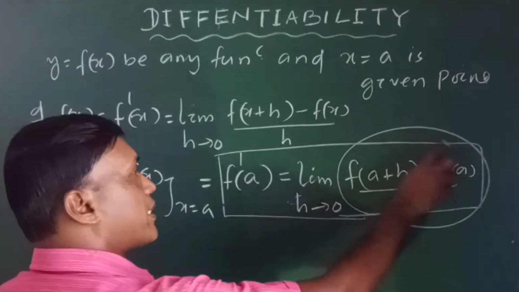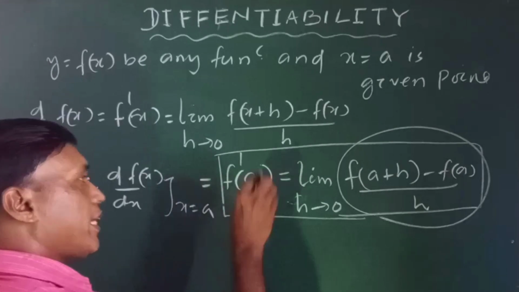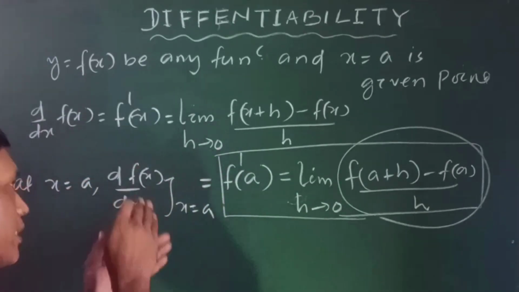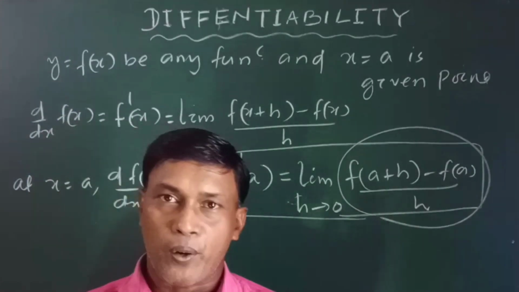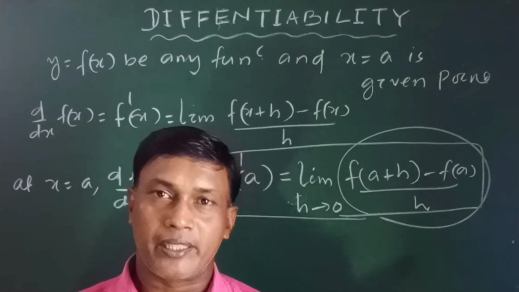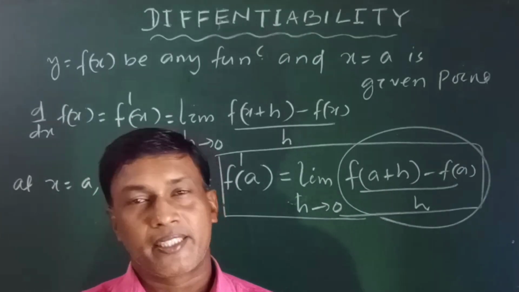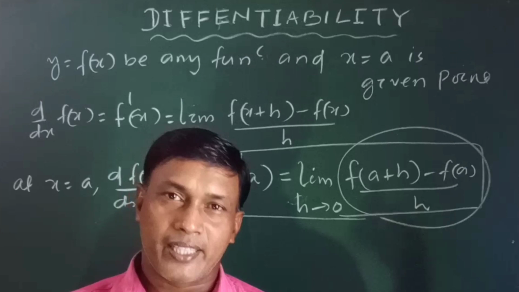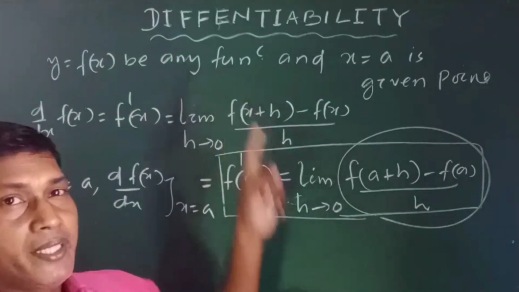If its limit exists, then we will say that this derivative exists, and derivative exists means this function is differentiable. A function is differentiable means its derivative exists. If its derivative exists, then we can say it is derivable or differentiable. So what is differentiability?